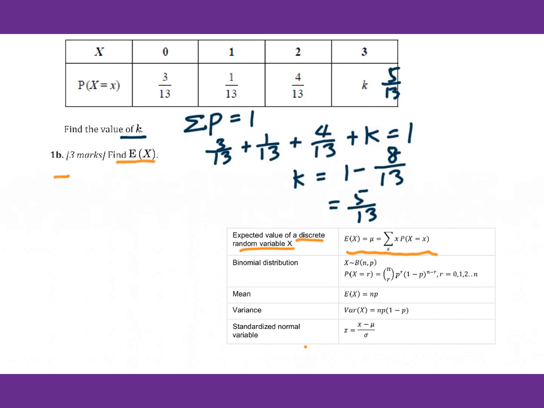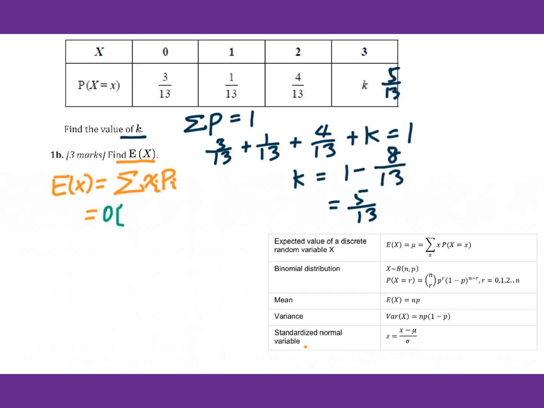Therefore, expectation of x equals summation of x_i p_i, so that you will get 0 times 3 over 13 plus 1 times 1 over 13 plus 2 times 4 over 13, then plus 3 times 5 over 13.